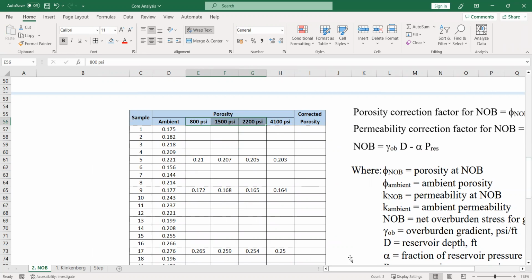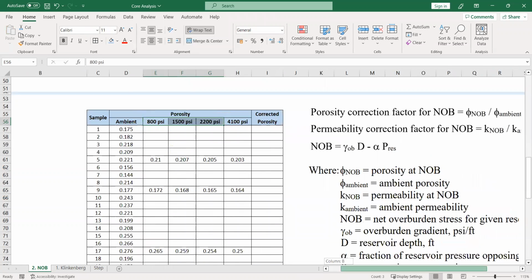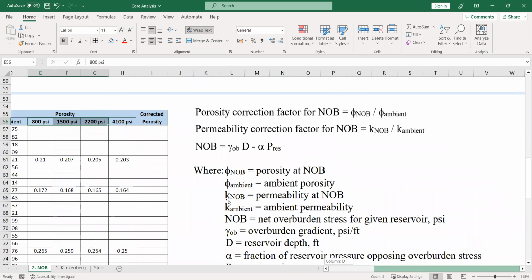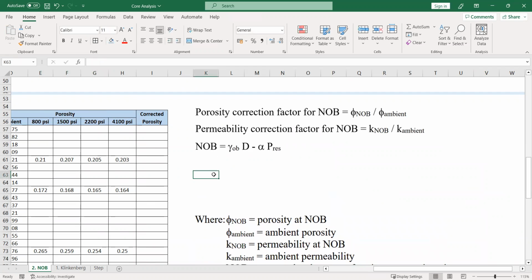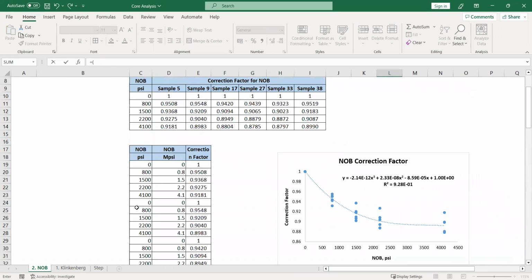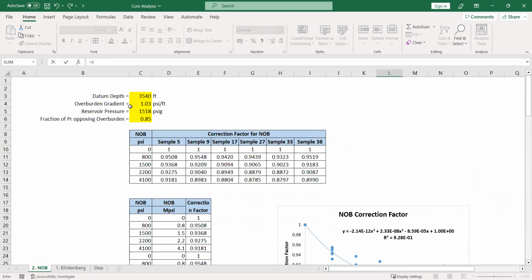Okay, but we need also to calculate the net overburden. And we will use this formula. NOB is the overburden gradient multiplied by the reservoir depth.